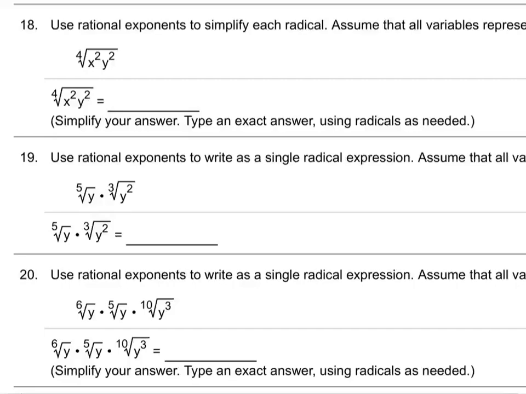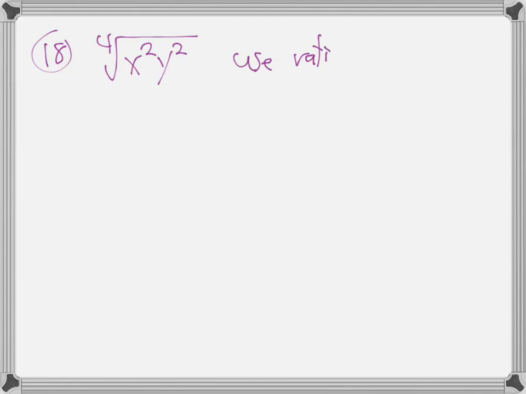All right. So the 4th root of x squared, y squared. Same kind of thing. They're going to say use rational exponents, which means fraction powers, right? So what are you going to do with that 4? Swing it around.